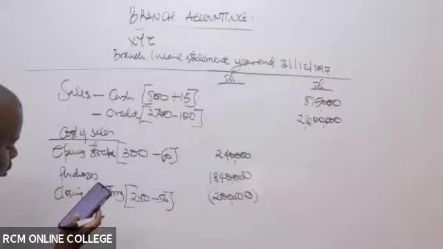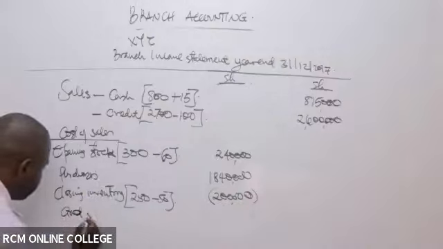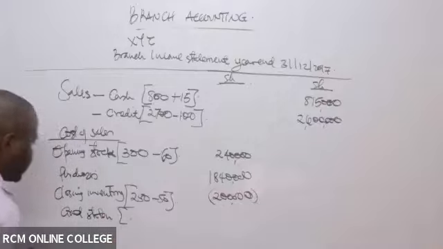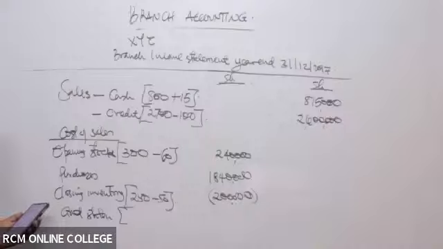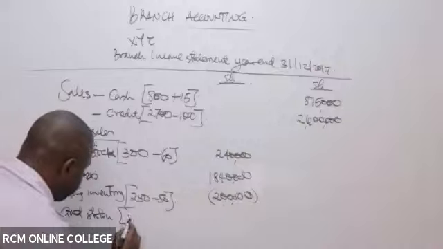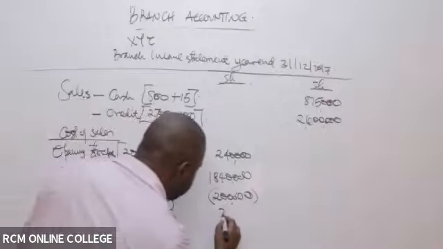The goods stolen will also be at cost. Remember, we had recognized the profit element as how much? 6,000. So it will be 30 minus 6,000, that will be 24,000.